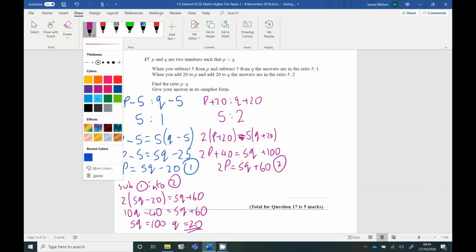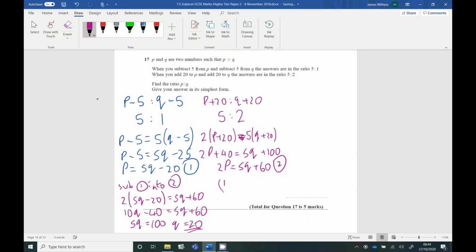So Q equals 20, but we know that P equals 5Q minus 20 from equation 1. We've just worked out that Q is 20. So P is 5 lots of 20, which is 100 minus 20. So P equals 80.